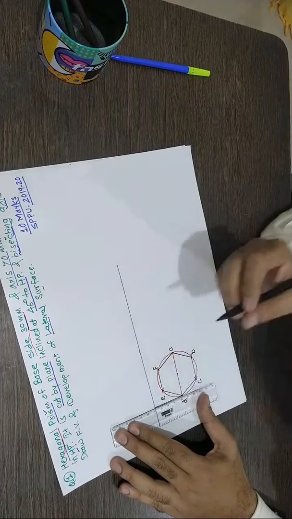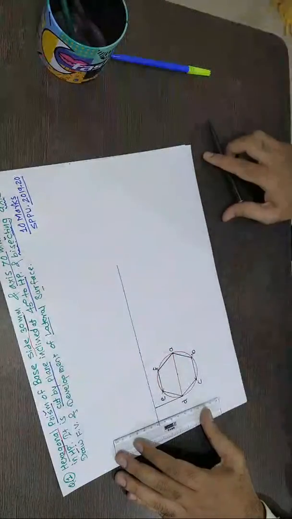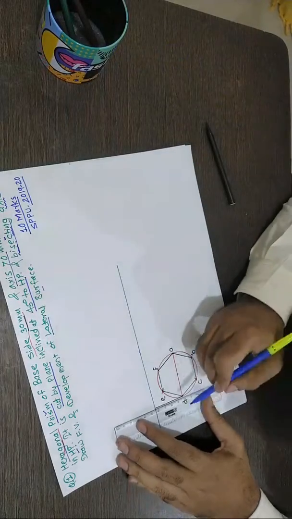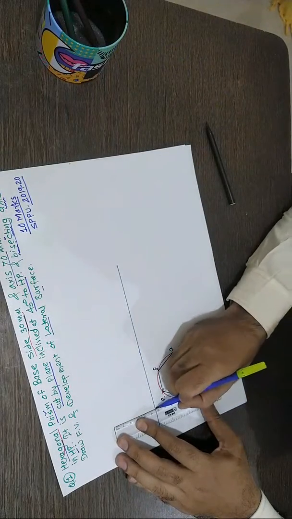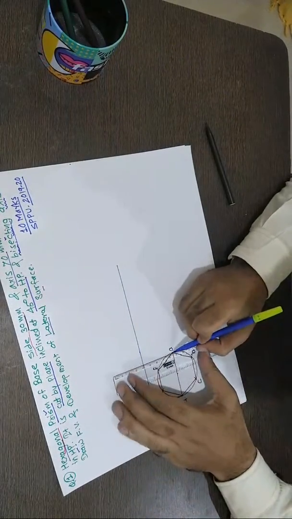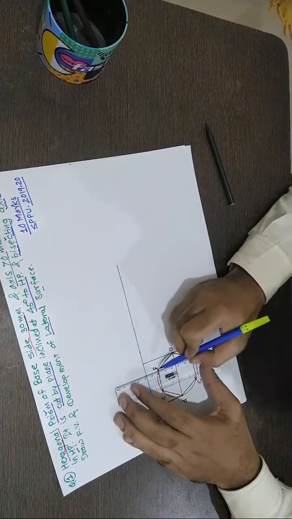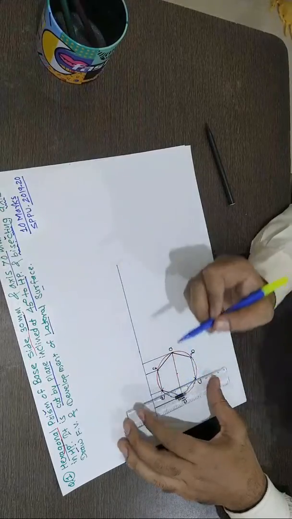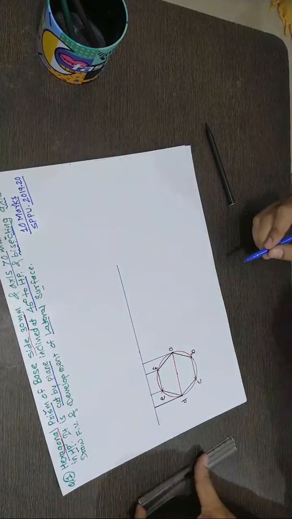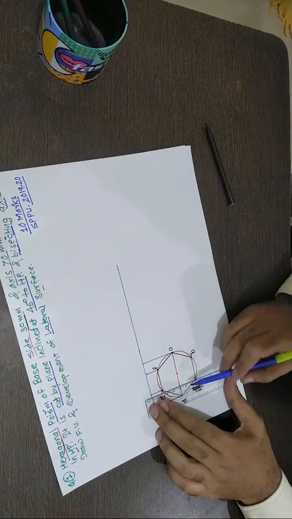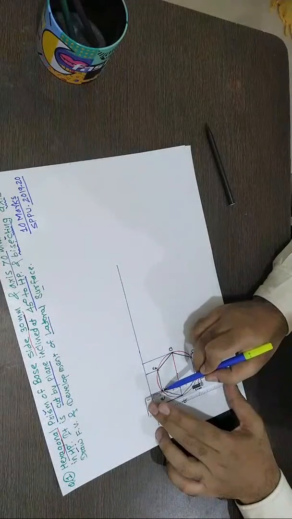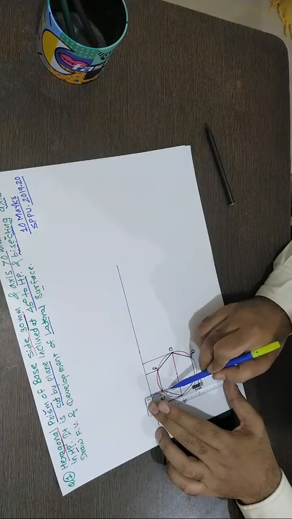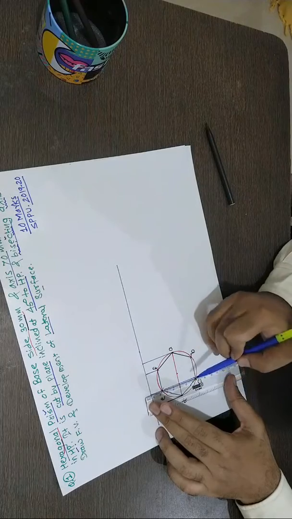So I'm just taking a projection. I'll use another color to avoid confusion. You are all quite aware of how to take a projection. It should be faint, light and thin, and very logical. These two points, C and E, lie on the same line.